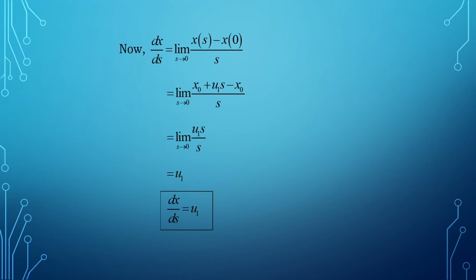If we plug in these values there, we get dx by ds equals limit s tends to 0 x naught plus u1 s minus x naught upon s. After cancelling x naught, we get dx by ds equals limit s tends to 0 u1 s upon s. This in turn becomes dx by ds equals u1.